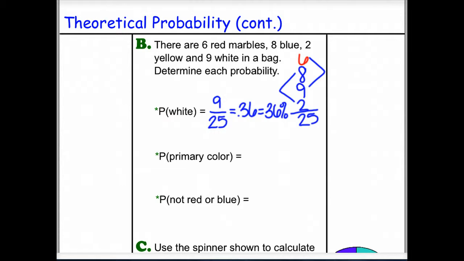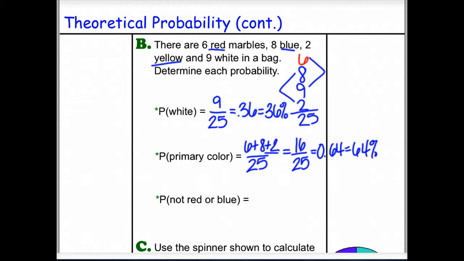For a primary color, if you know your art, red, blue, and yellow are primary colors. So then out of the 25, we want to take the 6 red plus the 8 blue plus the 2 yellow, which gives me 16 out of 25, which is 0.64 or 64%.